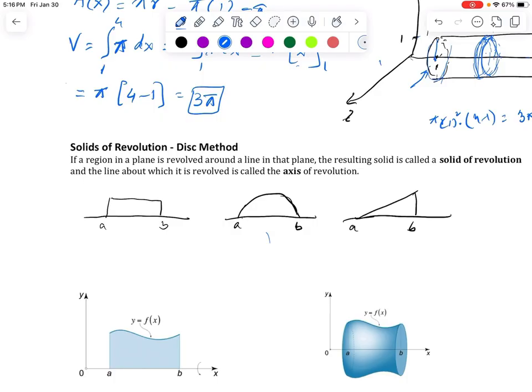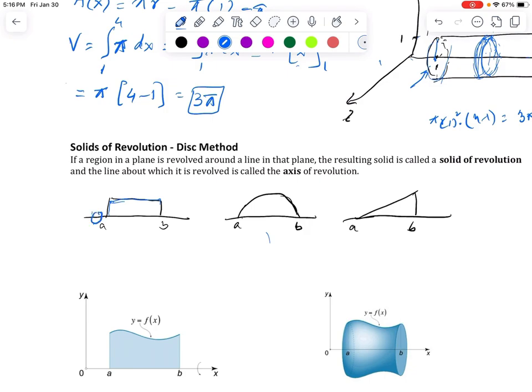So here are some typical shapes. If you have a region like this, a rectangular region, and you revolve it around this axis, the x-axis, it doesn't matter if you go clockwise or anti-clockwise, we just have to revolve it.